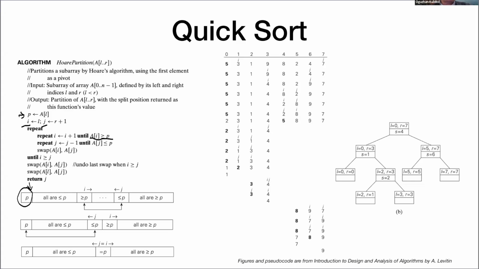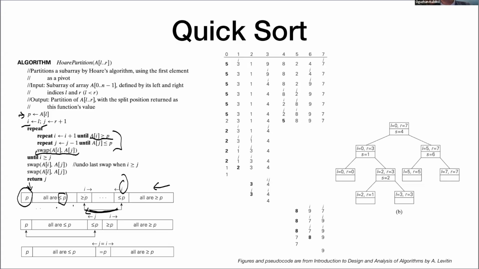So I will come to a place such that all the elements are less than or equal to my pivot, but this one is greater than or equal. And I will do the same from the right side. I will come from here, and now I will stop at a position such that the value is less than P. When we see these two things happen, we just swap the values. So this one comes here and this one comes here.